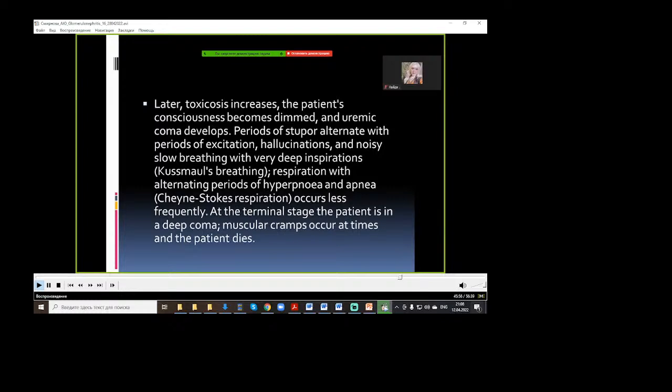At the terminal stage, the patient is in deep coma. Muscular cramps occur at times and the patient dies.